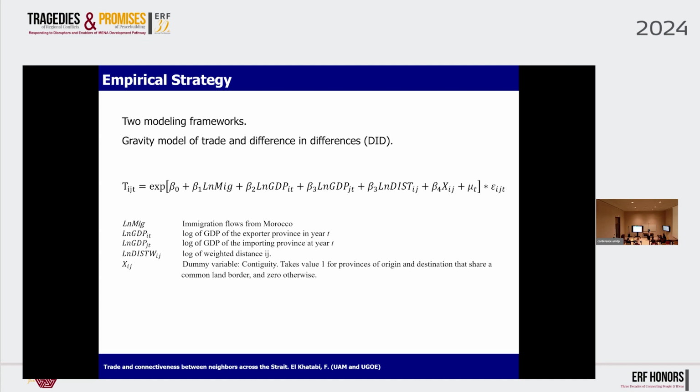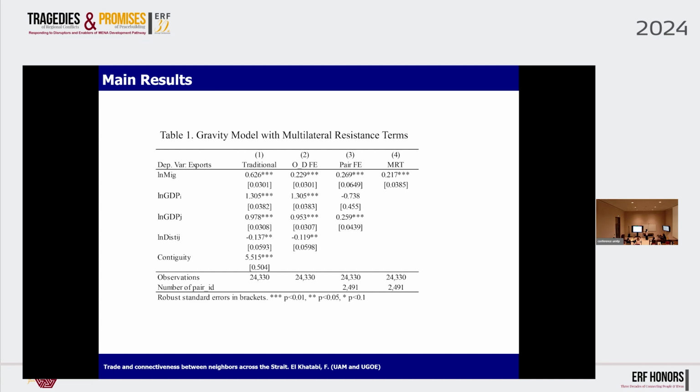We have exports, then the migration flows from Morocco, and the variables of the gravity model: the GDP of origin, Spanish provinces, and destination, the year T, the distance between both of them, and the contiguity variable as a dummy variable, and different fixed effects.